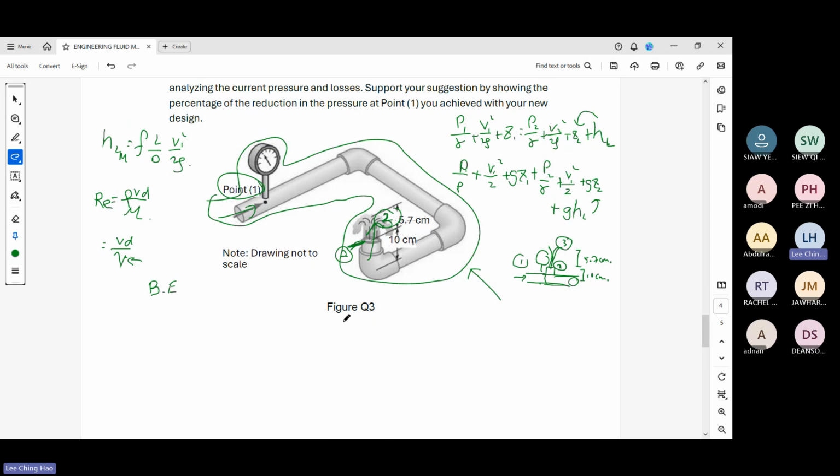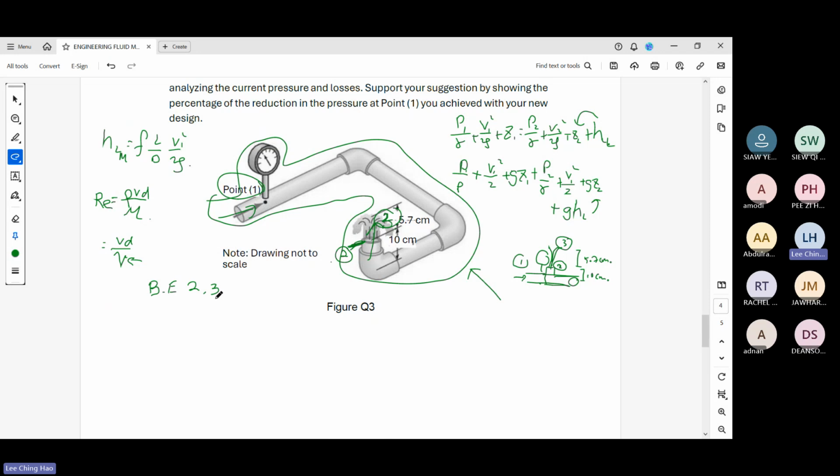In case you cannot see it clearly, this is from the side view. I use the Bernoulli equation between 2 and 3. Why use 2 and 3 but not 1? Because at 1, I do not know the velocity as well as the pressure. I have 2 unknowns, never can use. Why can I use 2 and 3?